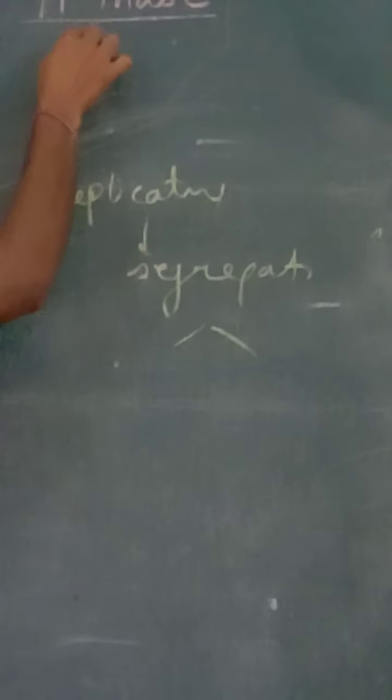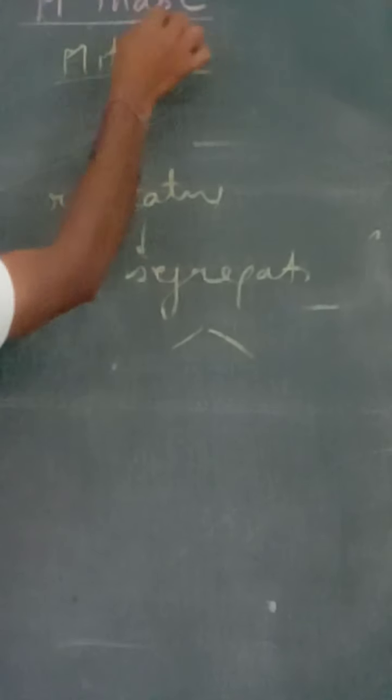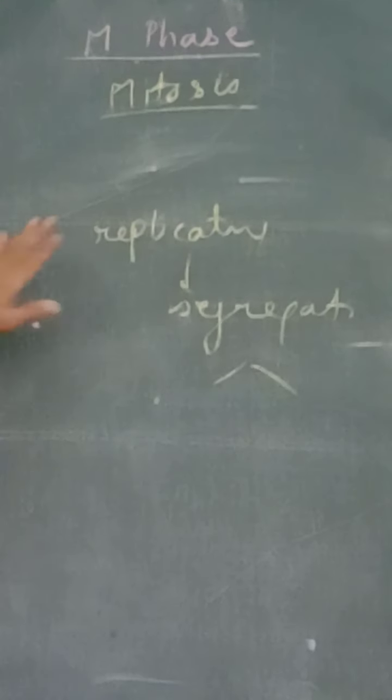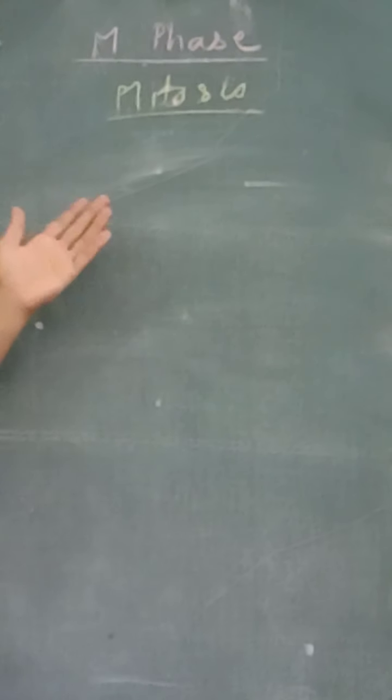Now, today in this M phase, we will discuss the first type of division, that is done by every cell, which is mitosis. Before looking into the details of mitosis, we will discuss some common terms.